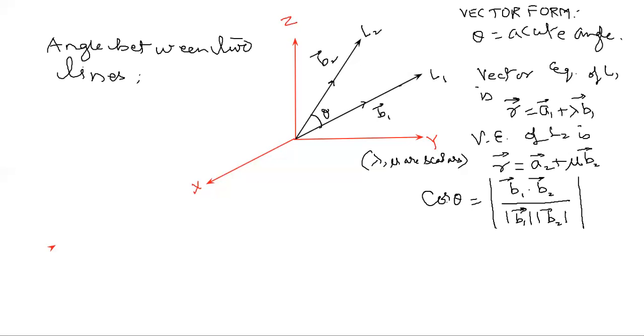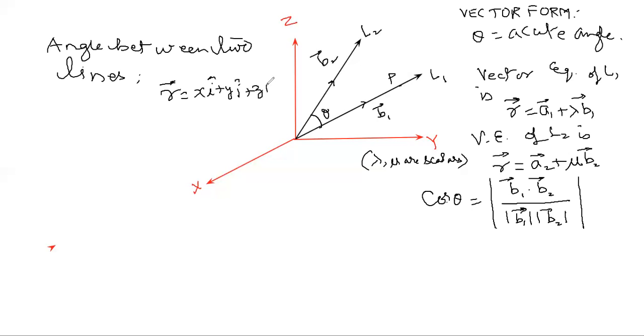Yes, R vector is the vector of any point on the line. So vector R is the same for both lines L1 and L2. Any point you can consider on the line, whose coordinates are x, y, and z, then its position vector is xi plus yj plus zk.